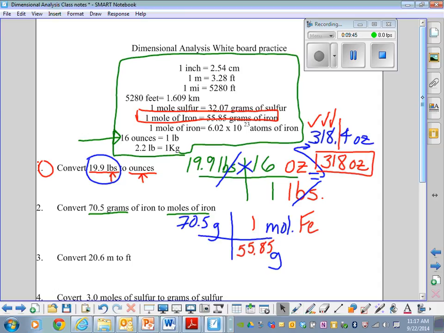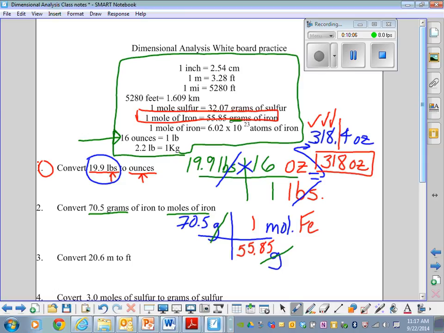Now, my next step is to do what with the units that are the same? Cancel like units. You with me, Gigi? Okay. The next step, we're left in moles of iron. Yes, ma'am. 55.85 on the bottom. Okay, because I'm matching the units.